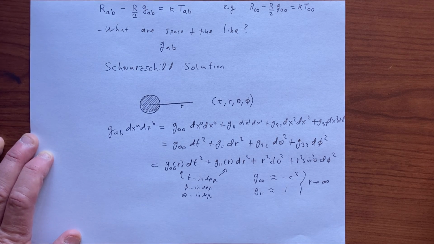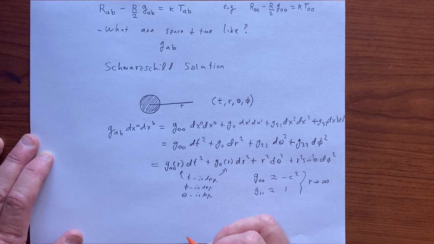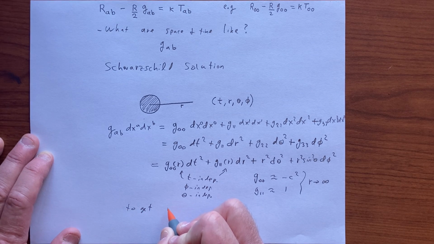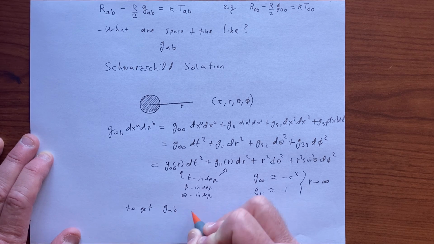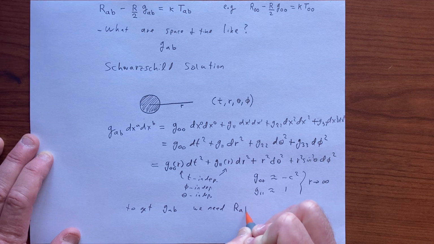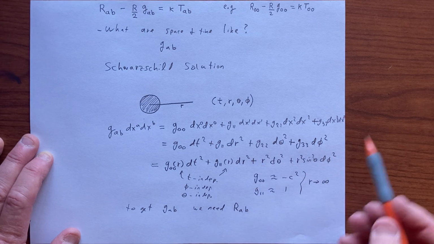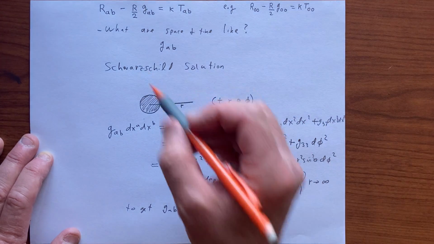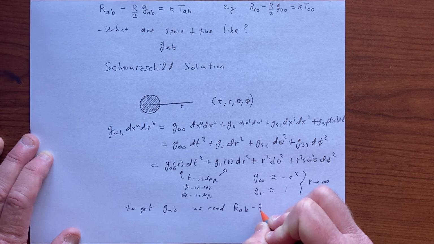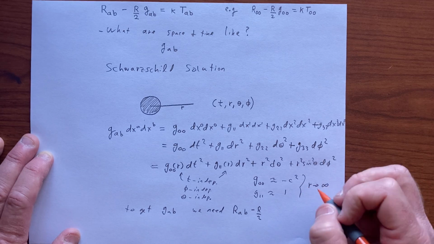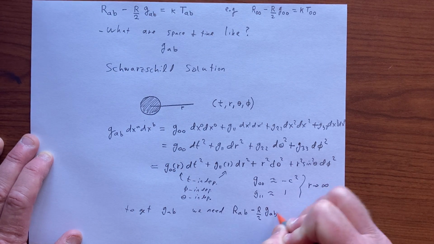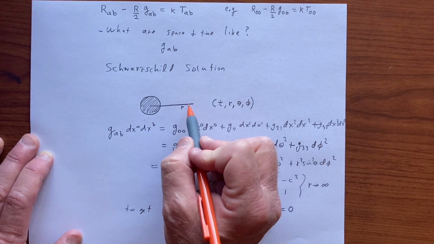So what's our project? To get G_AB, we need to find the R_AB, because we need to solve R_AB minus R over 2 g_AB equals 0 if we are out here.